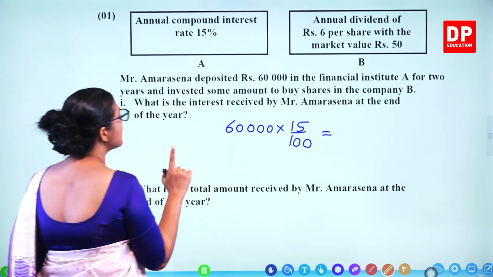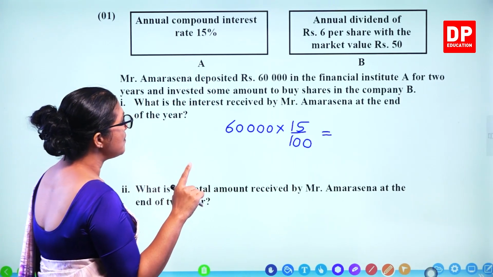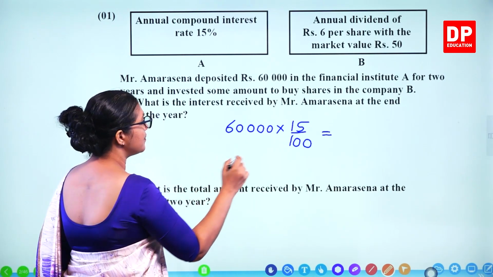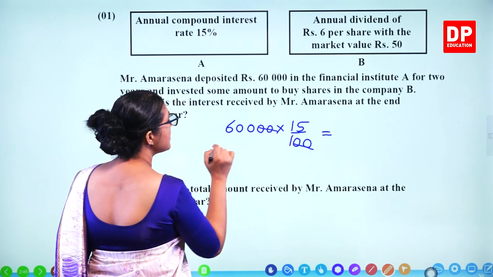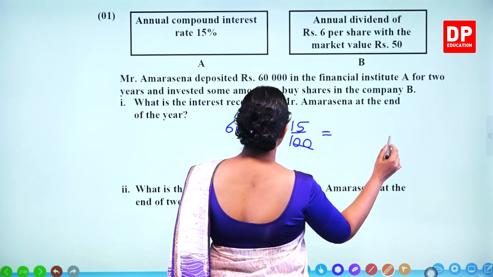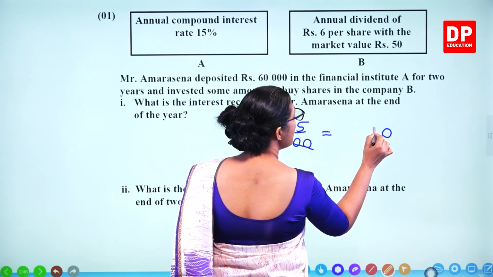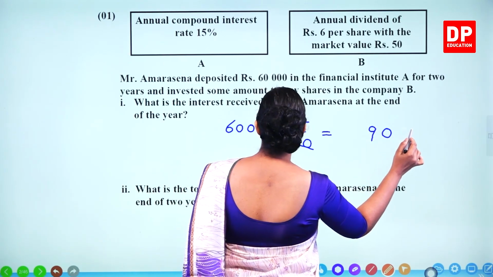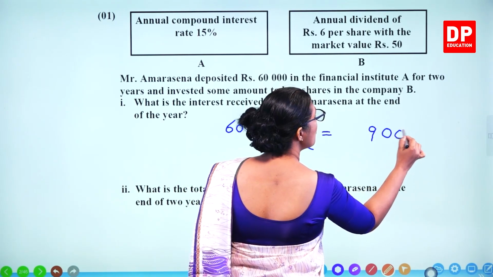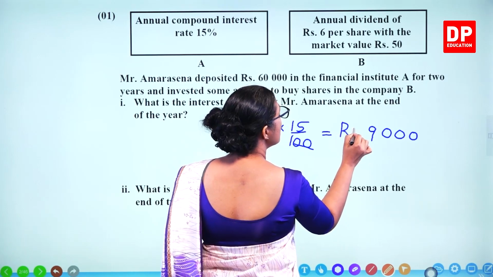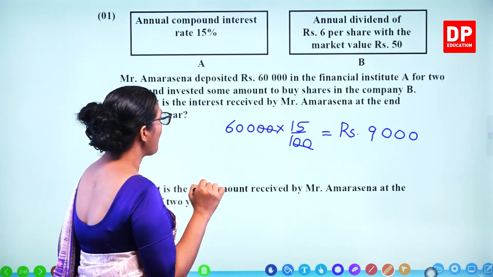That's the interest received by Mr. Amarasena at the end of 1 year. 2 zeros get cancelled out. 6 times 5, 30. 6 times 1, 6 plus 3, 9. And 2 zeros. So 9,000 rupees.